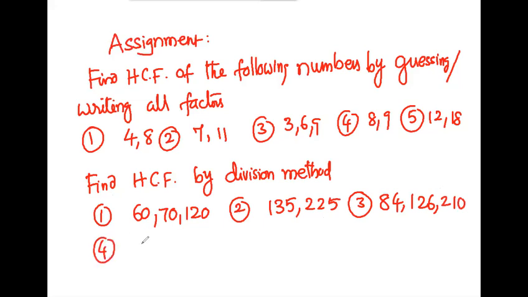Fourth one: 72, 240, 336. Find the HCF of these numbers by the division method, and also by guessing or writing all factors method. If you have any doubt, just revise the video and go through it, and find the HCF of these given numbers.